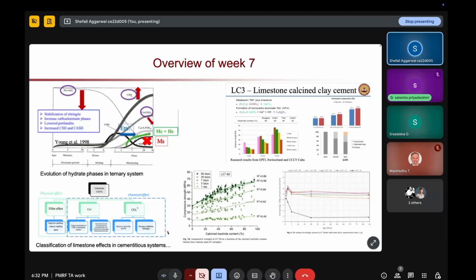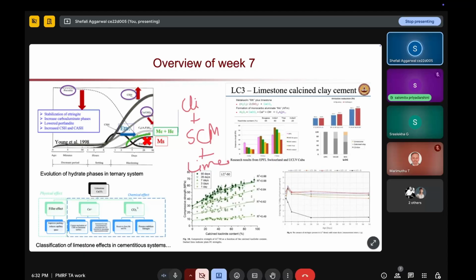Next, this is the next type of SCM: limestone calcined clay cement. In this, as we talked about ternary blended systems, it is clinker plus SCM plus limestone, right?